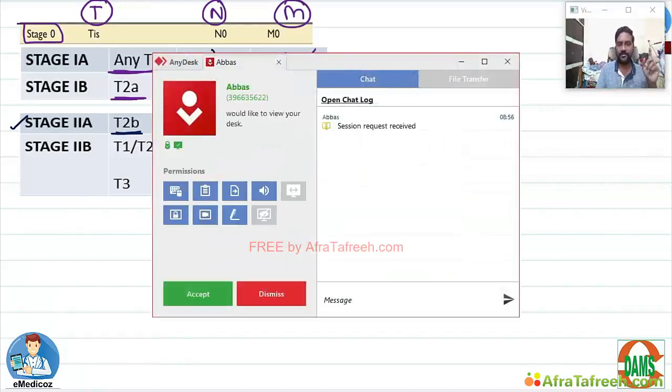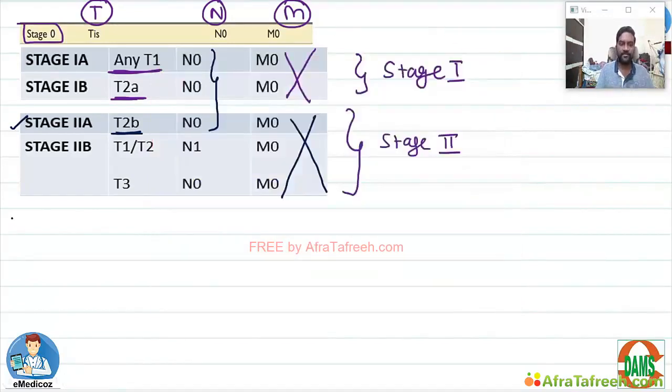Now from stage 2B onwards, there will be N1. So if N1 is involved, N1 means, what did I tell you? It is the intrapulmonary hilar lymph nodes. So N1 involvement is stage 2B. So it can be either T1 or T2. Any T1 or T2 with N1 involvement is called stage 2B.